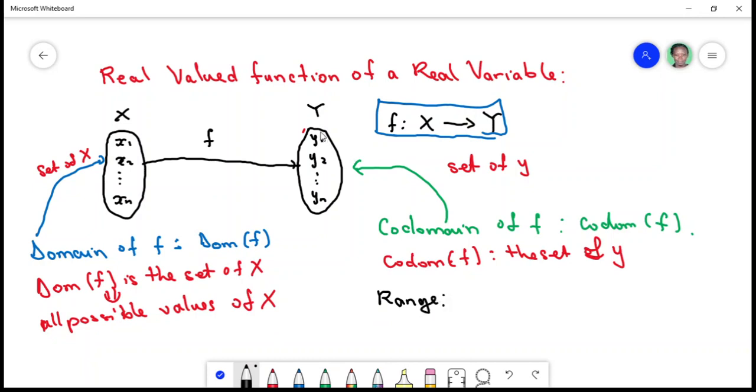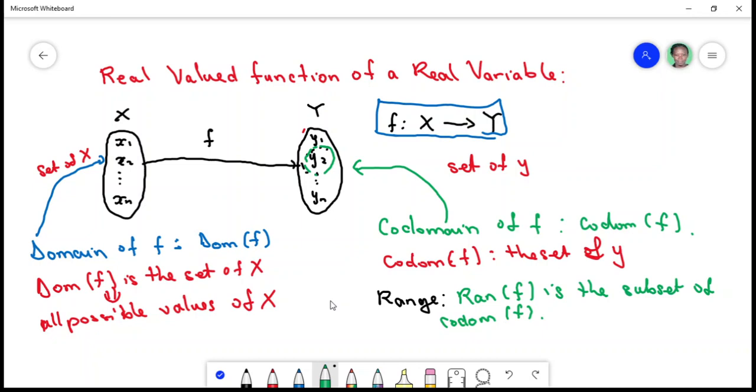But when we talk about range, you realize that in this codomain, there is another set, which is a subset of the codomain. So we are saying that the range, which you can represent as ran of f, is a subset of the codomain of f.